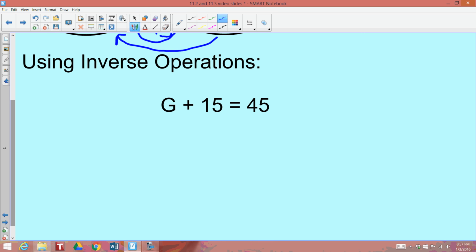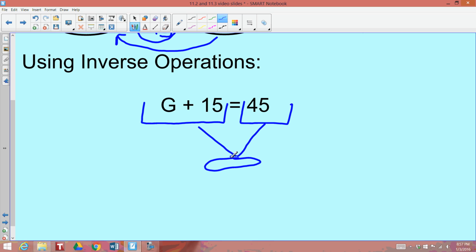So in class, your teachers might have said something like this. If we thought of this as a balance scale, like what you use in science class, and on this side of the balance scale is a number plus 15, and it has to balance out to be equivalent to 45, you could say, well, what plus 15 is 45?